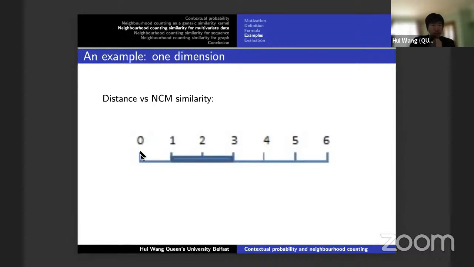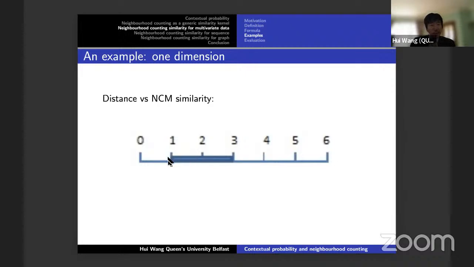The neighborhoods, in this case, are intervals. We have one interval from 0 to 6, another interval from 1 to 6, another from 2 to 6, from 3 to 6. We have another interval from 0 to 5, and 1 to 5, 2 to 5, 3 to 5. And then we have 2 to 6, 2 to 5, 2 to 4, 2 to 3, and so on. So we have so many different intervals.